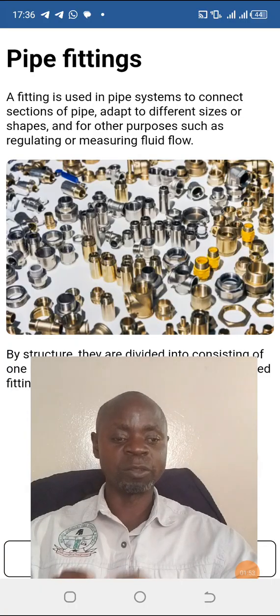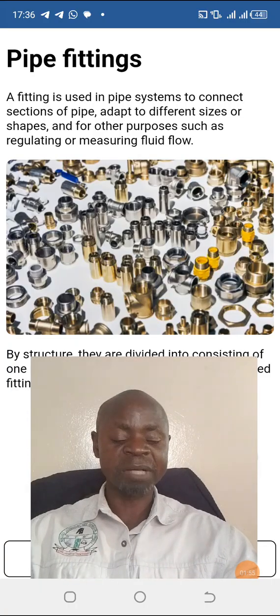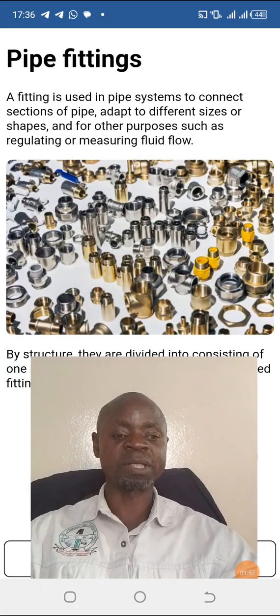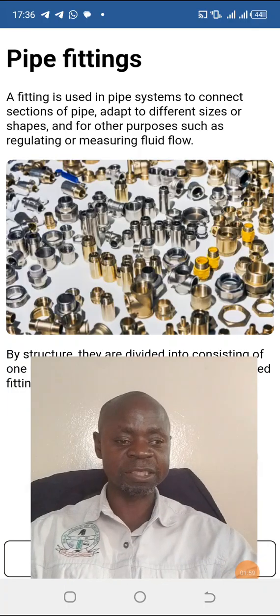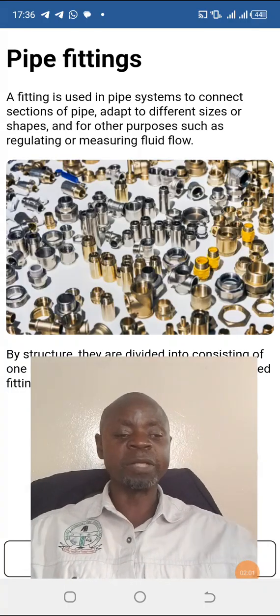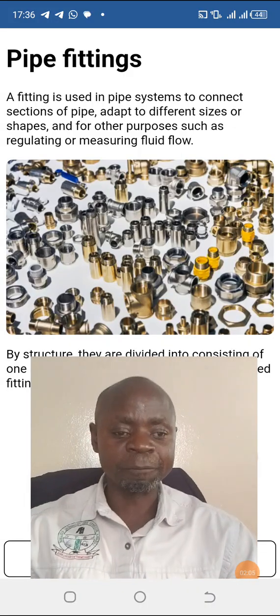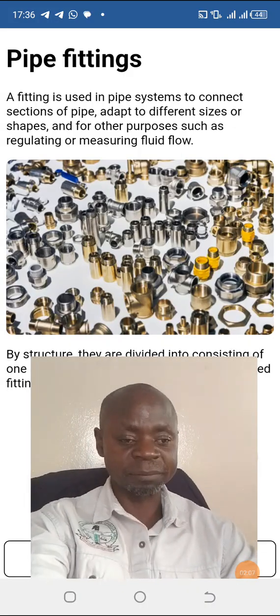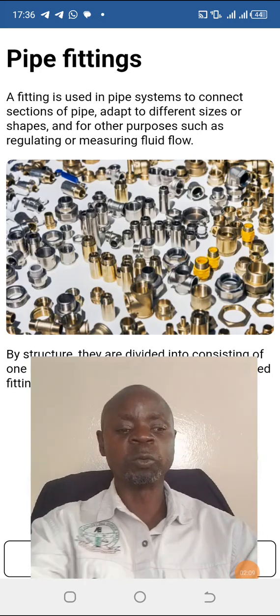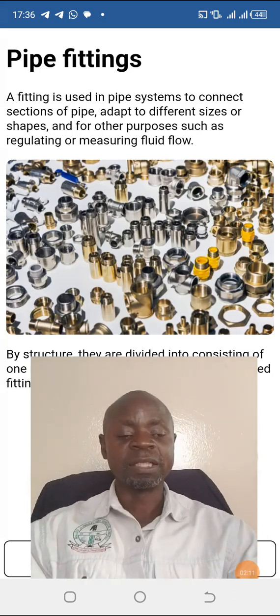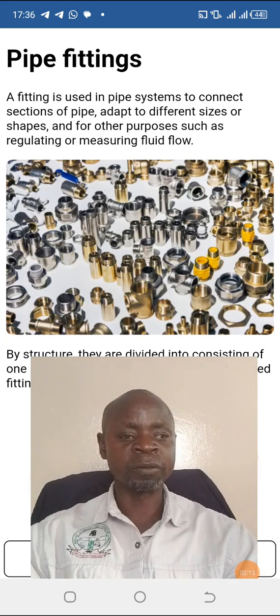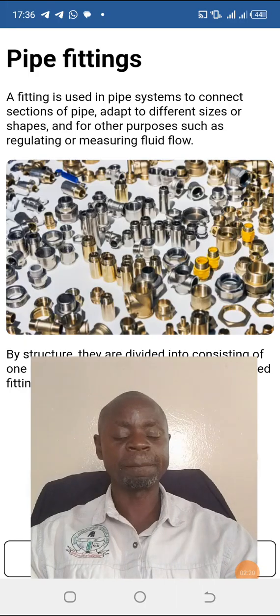This is the reason why the network of pipes is called a water reticulation system, because the pipes are connected from point A to point B. Therefore, at this particular time today, I want you to follow me very clearly. As you can see on the screen, you are able to see various types of fittings on top there.